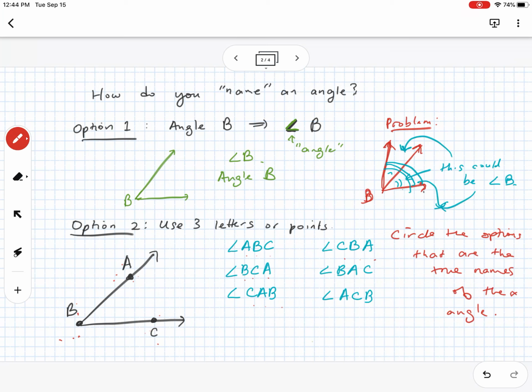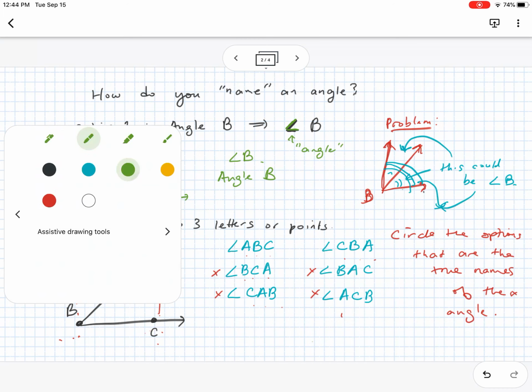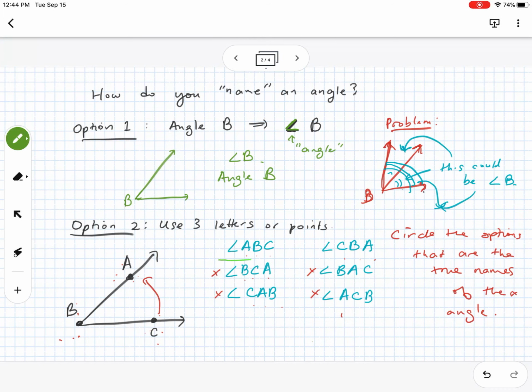With BAC, I go like this, but I have to jump again. And ACB, also I'm jumping. So notice that out of these, several jump, meaning that I hop from A to C or C to A. What that tells me is that the best options are this one, angle ABC, and this one, angle CBA.